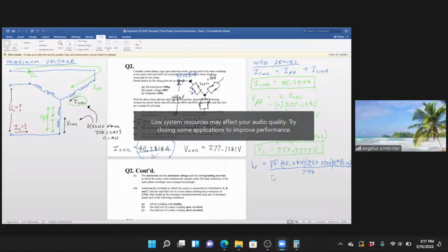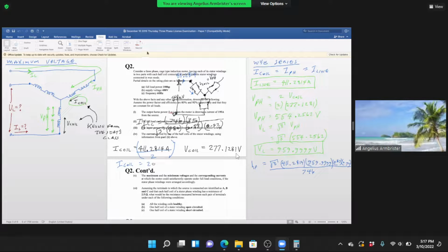So I coil equals 205.647 amps. Because this is the main line current, but the coil current will be here. So I need all the coil information. Did I use that over here? No. So this up here needs to be changed.